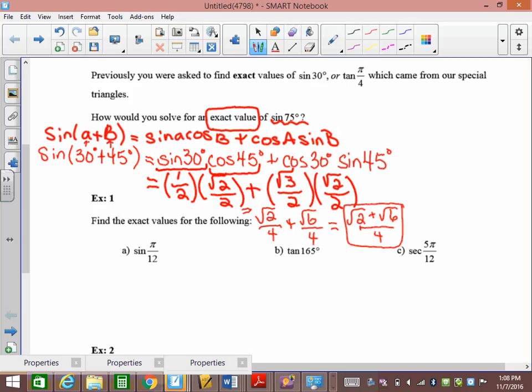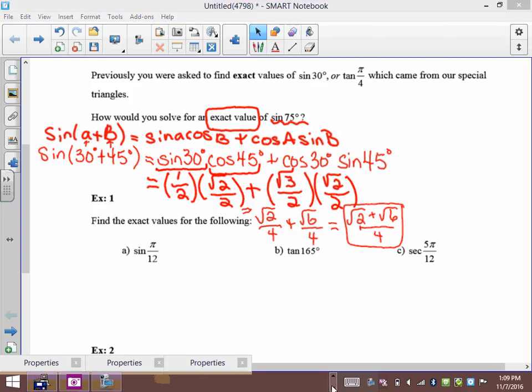Now, what's the great thing about this? Put sine 75 in your calculator. But you're going to press the sine button. The moment you press the sine button, what do you think in your head? What mode do I need to be in? I'm typing 75 degrees. So the mode I need to be in is degrees.